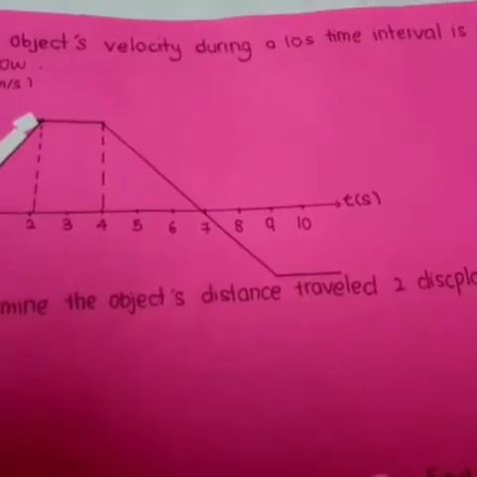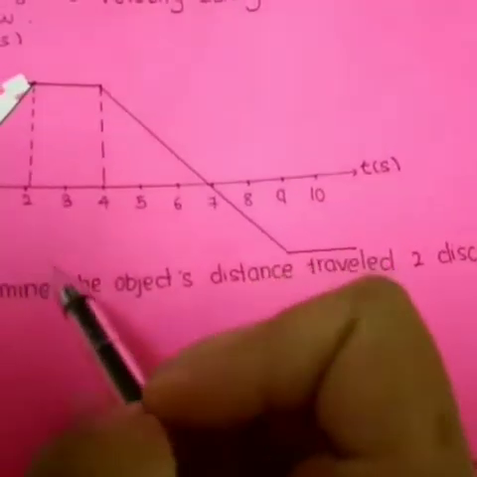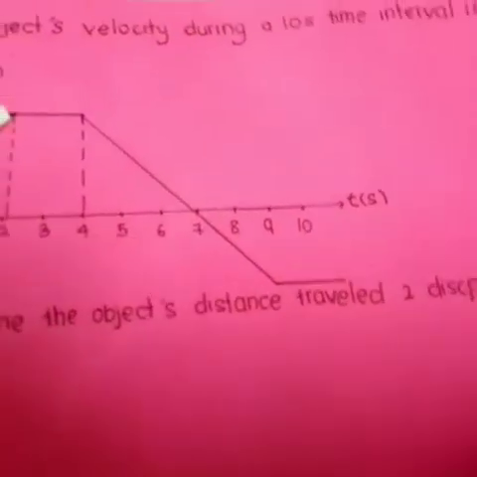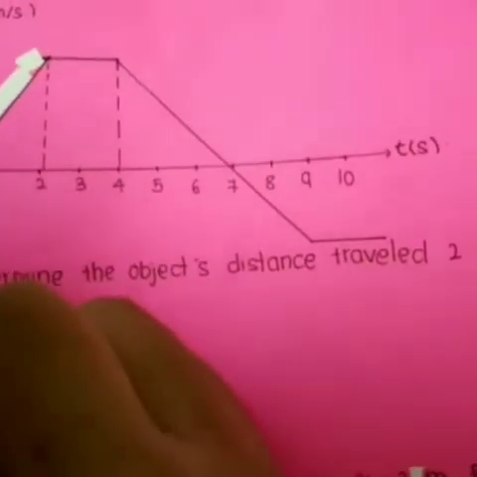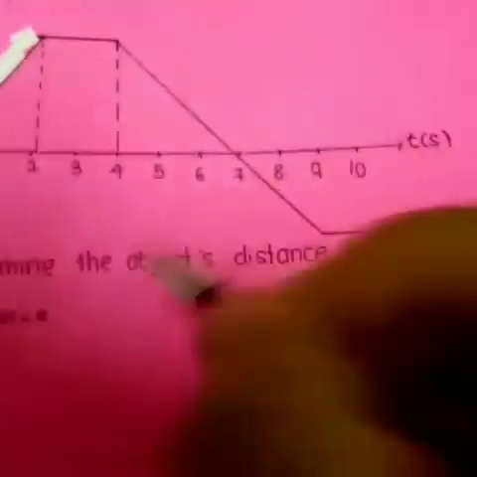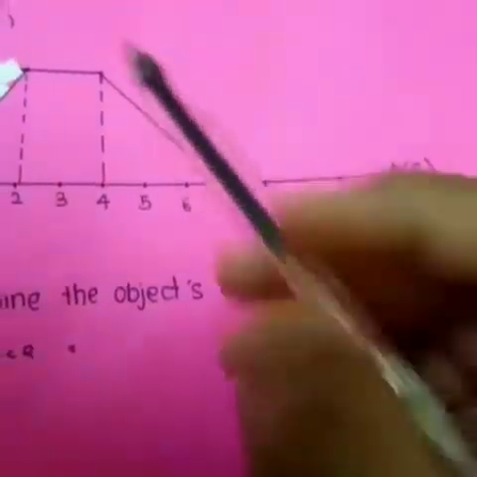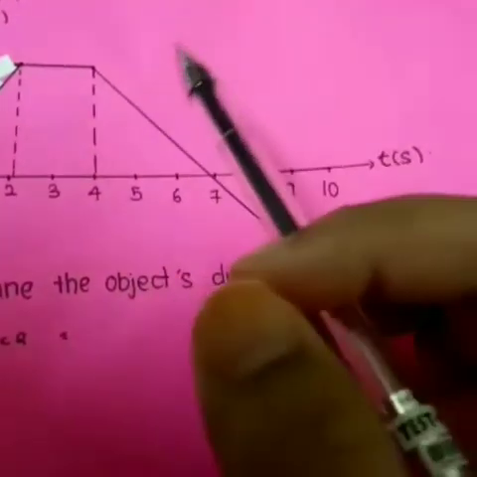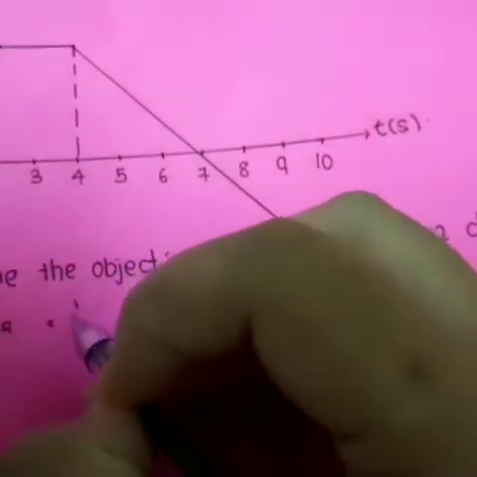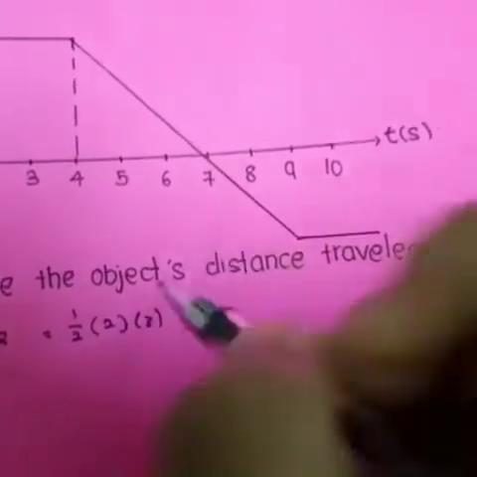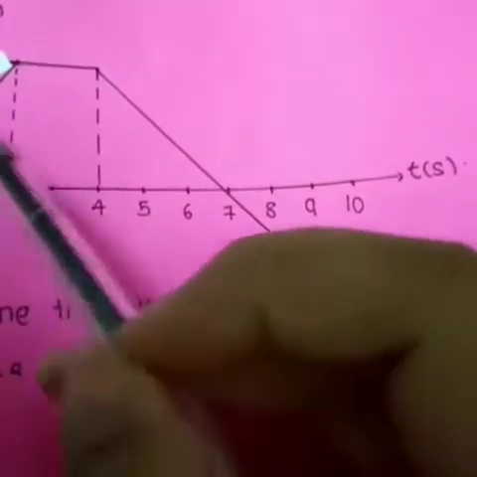Okay, for the third question, you need to determine the object's distance traveled and displacement. First we need to find the distance. So distance we need to find using the area under the graph. So first we use the formula 1/2 times 2 times 3 because of this 2 and 3.